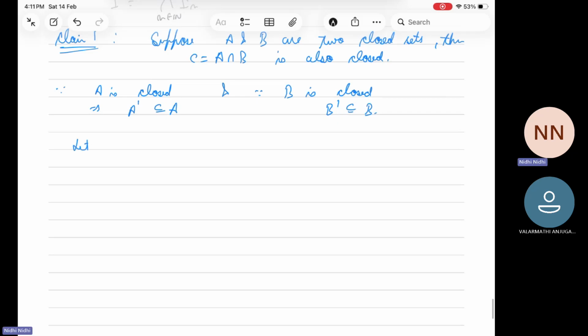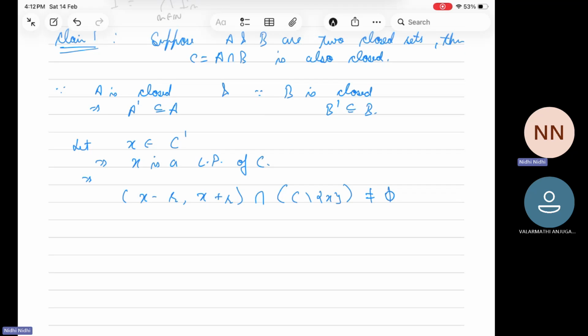Now let x belong to C prime. That means x is a limit point of C. That means the intersection of (x minus r, x plus r) with C minus {x} is non-empty for every r positive.